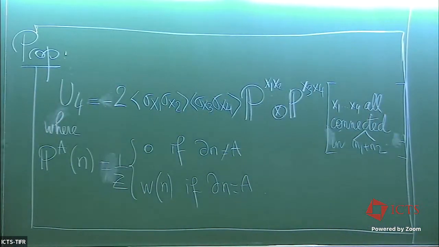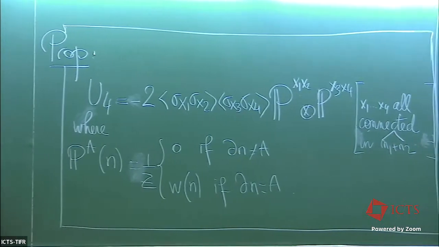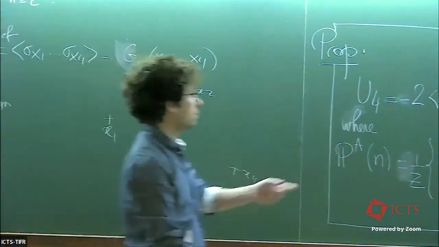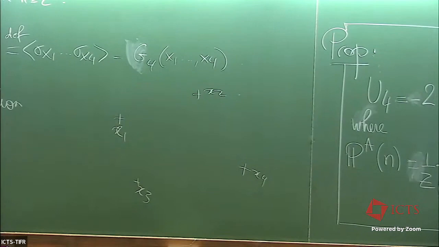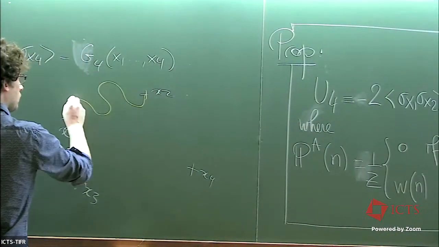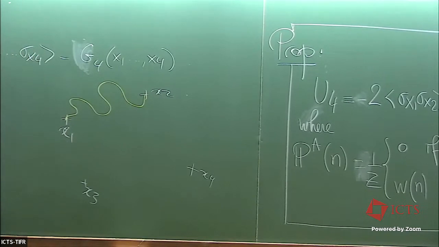So notice that if I make a picture, I have X1, I have X2, X3, and X4. Automatically, because of the source constraint, since X1 and X2 are sources of the first current, there must be a path from X1 to X2 in N1. So a fortiori in the percolation obtained by N1 plus N2.